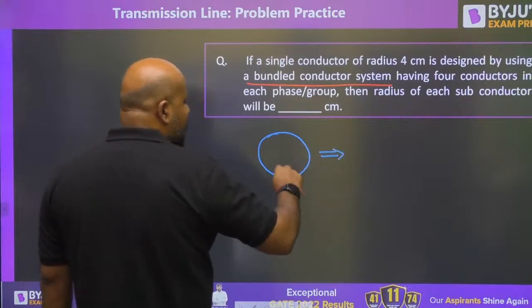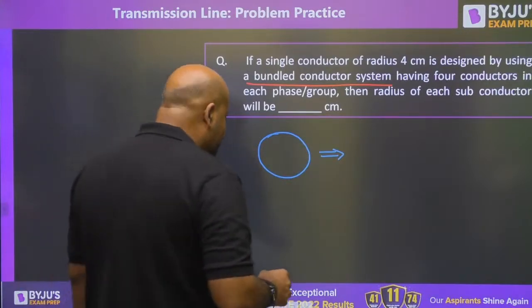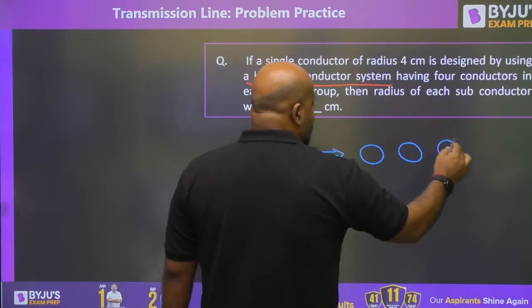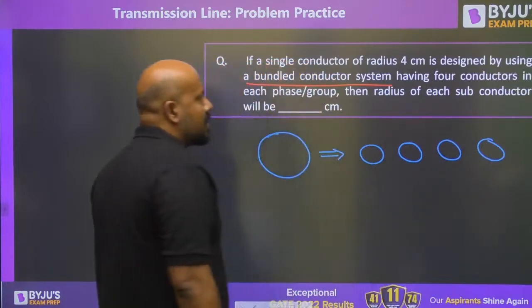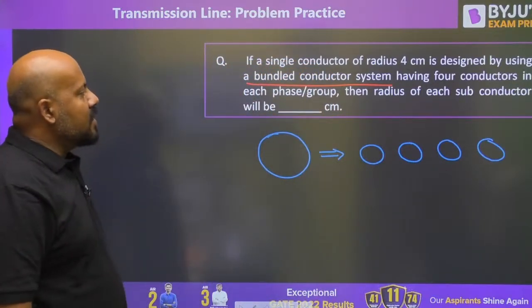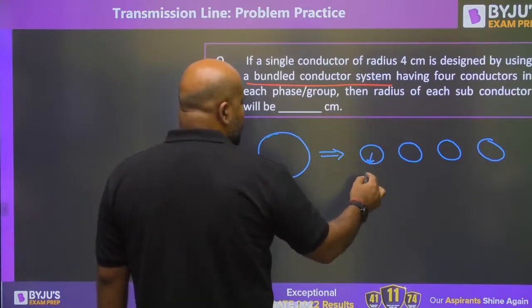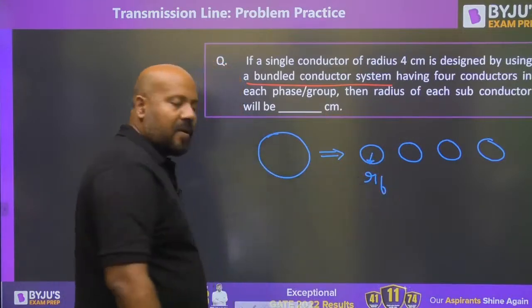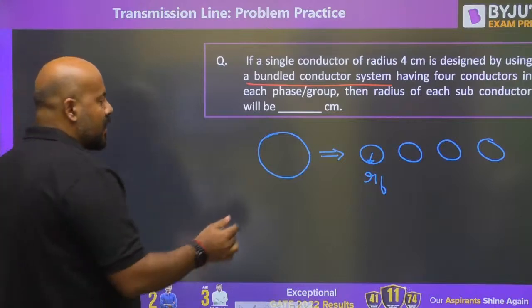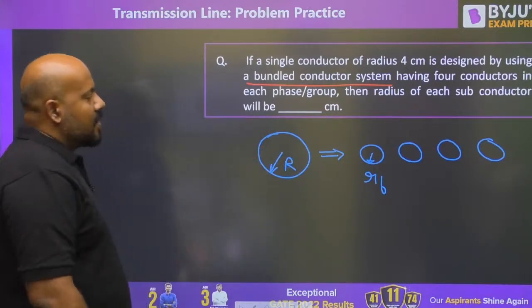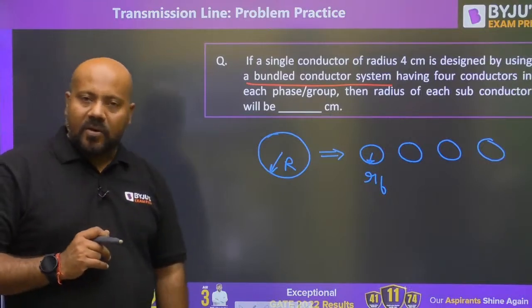In the second case, you are designing it using a bundled conductor system and breaking it into 4 subconductors like this. He is asking what is going to be the radius of each subconductor. So assume the radius of each subconductor is RB and the radius of the single solid conductor is capital R. Let us try to understand the concept here.